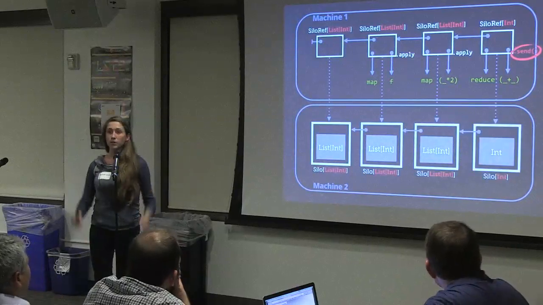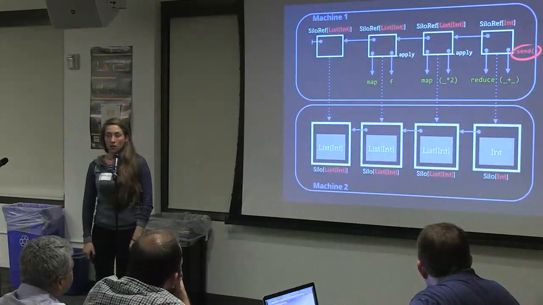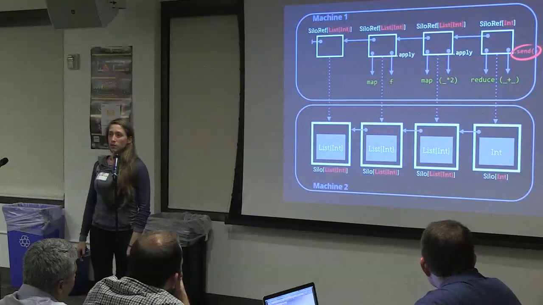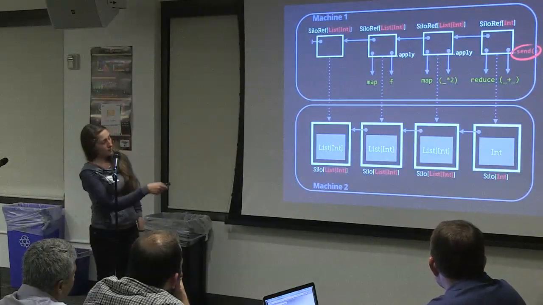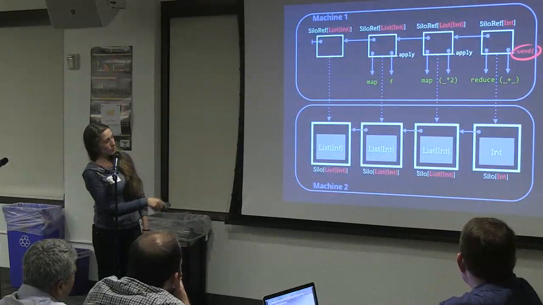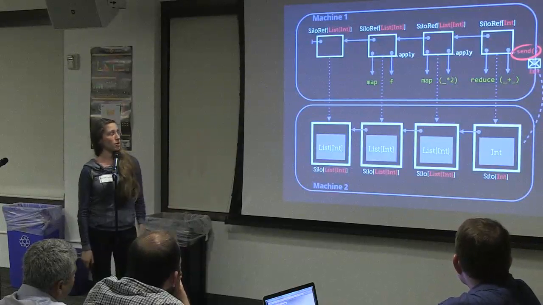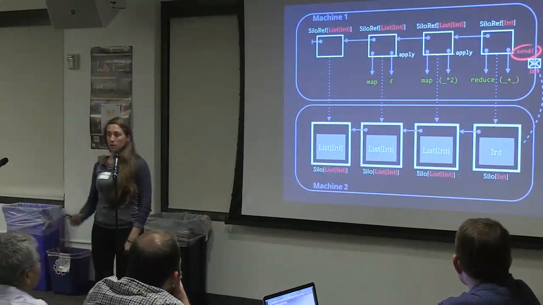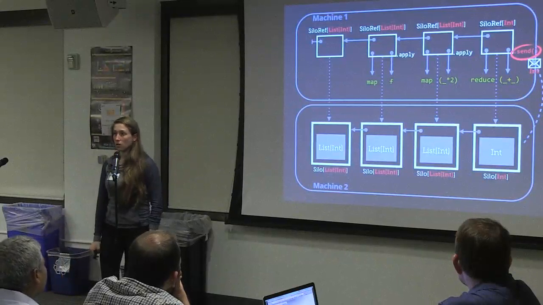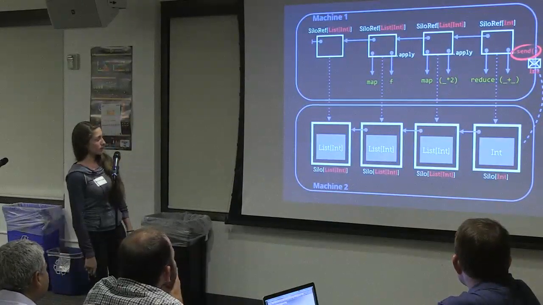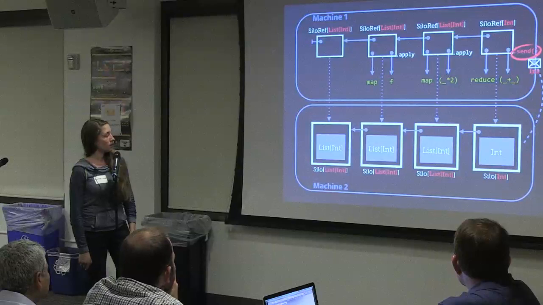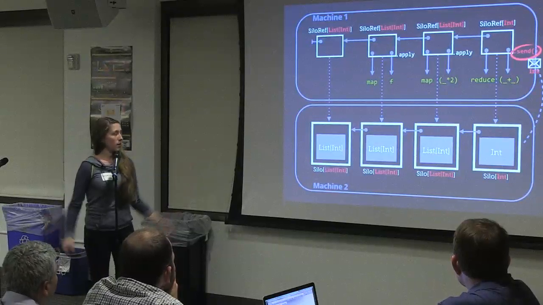This little graph gets built. Does that make sense? Now is when this integer gets sent back and the future is completed with the integer. Is that clear? And that's the basic idea.